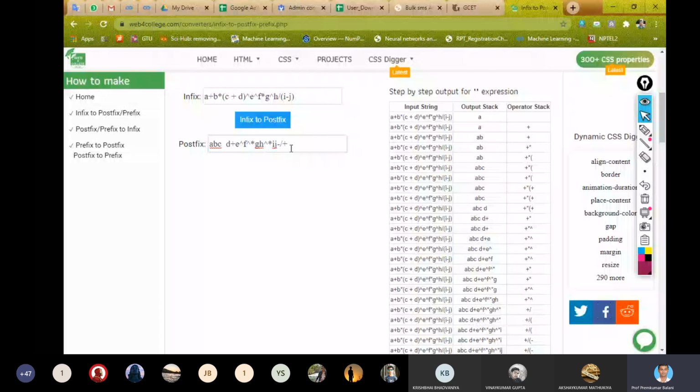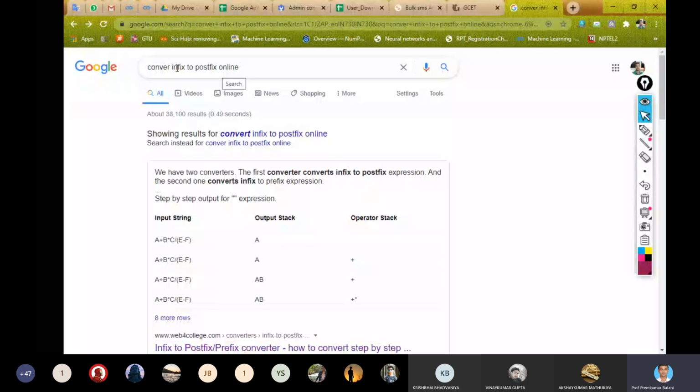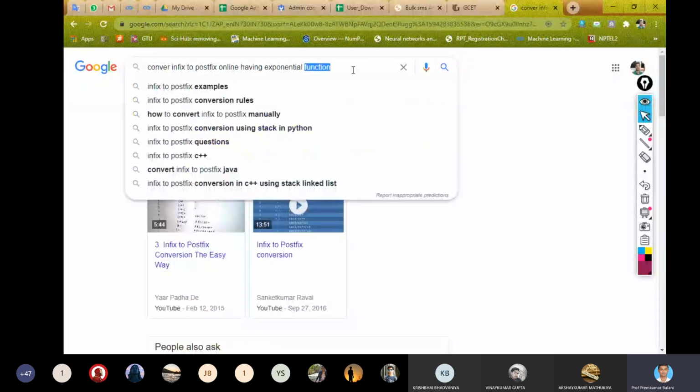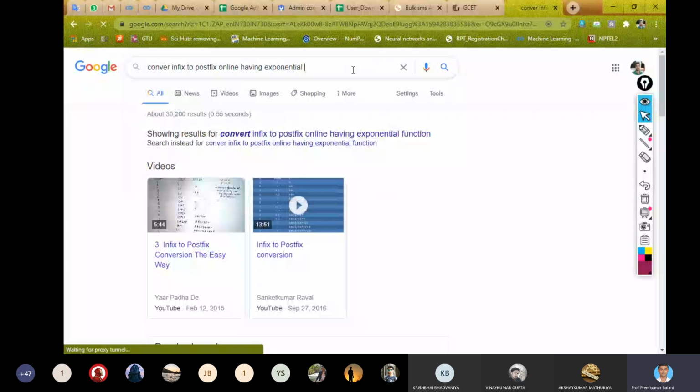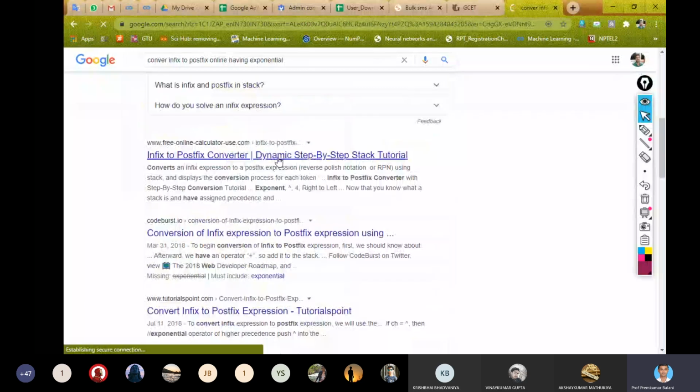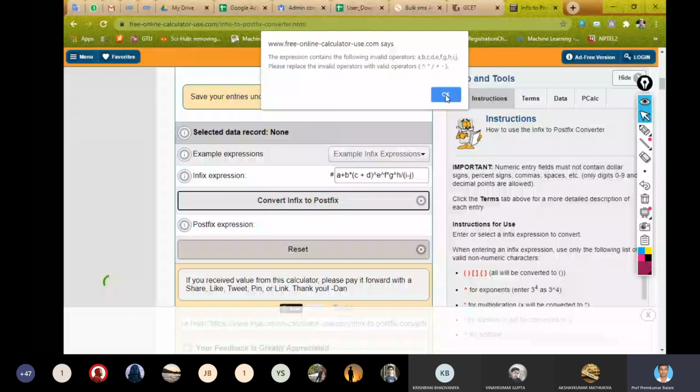Or you can copy this expression. You can also write it in another online tool having exponential. Okay, so it is not taking.